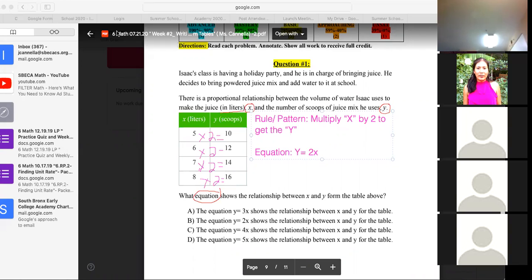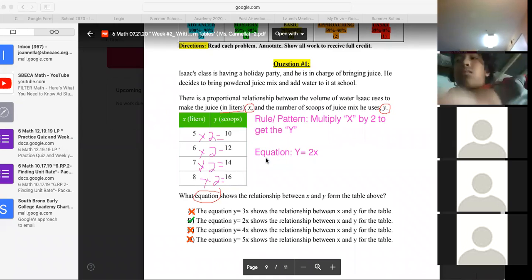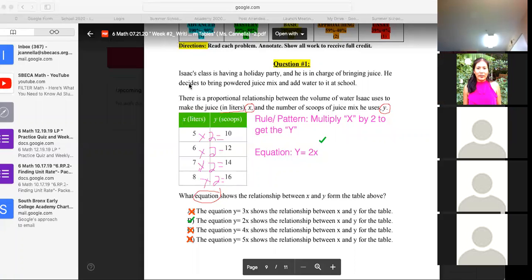No. And did we multiply 5 times x? 5 times 5 gives me 10? Oh no. So what is the answer? B. This is the answer. You see it? Right there where the green check mark is. y equals 2x.